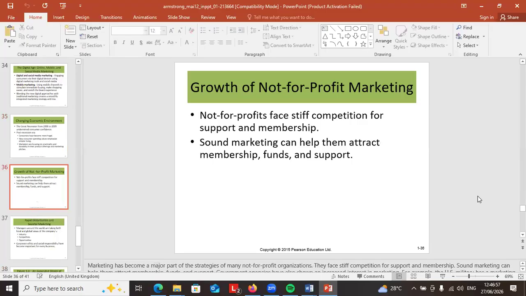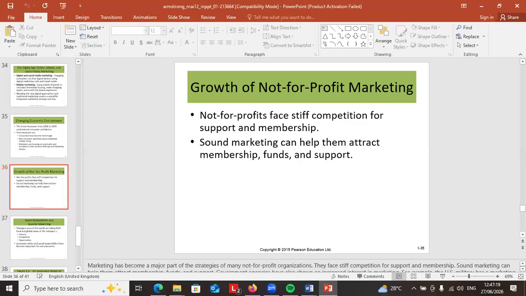Let's look at the third factor. This has to do with growth of not-for-profit marketing, growth of marketing within the context of charity organizations, non-profit organizations, right? It's a course I normally teach, the level 400.